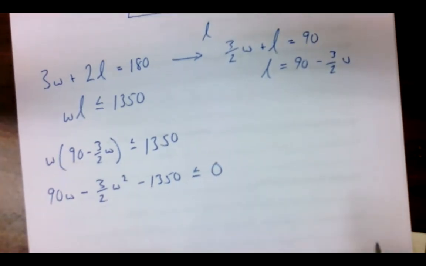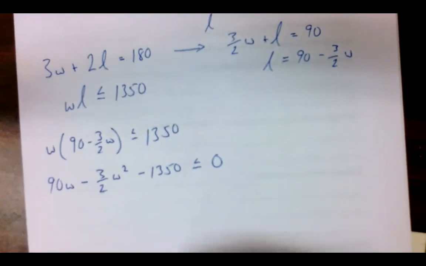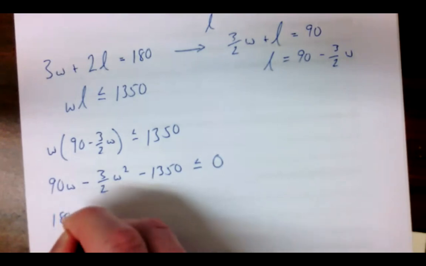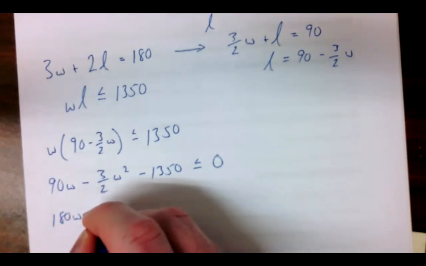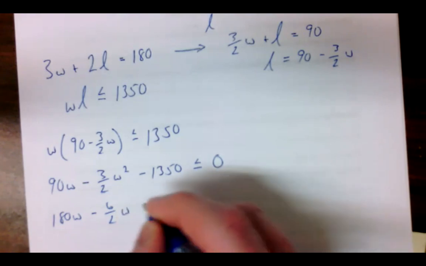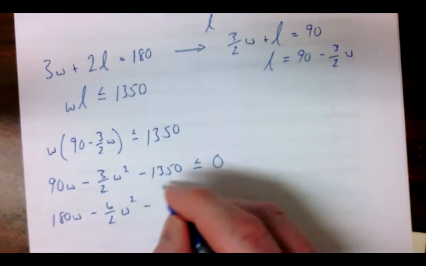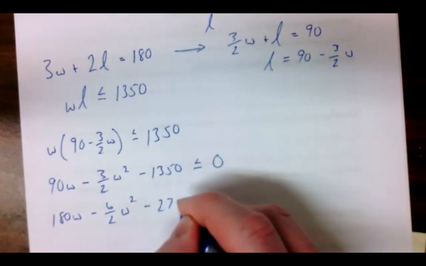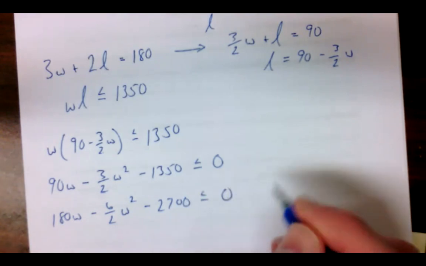I'm going to multiply everything by 2 so I can get rid of this fraction. So it's going to be 180W minus 6 over 2 W squared minus 2700, less than or equal to 0.